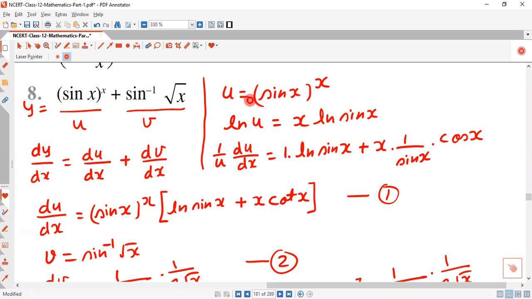Taking log on both sides, log u equals x times log sine x. This gives 1 upon u du by dx. Differentiation of x is 1 times log sin x plus x times 1 upon sin x times cos x. Then we do the differentiation, and du by dx will come out as this value.